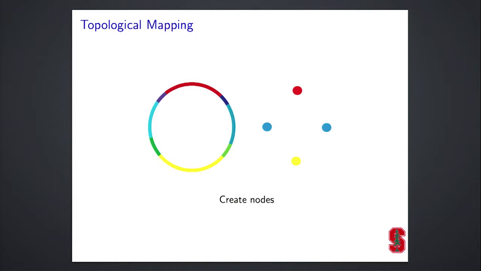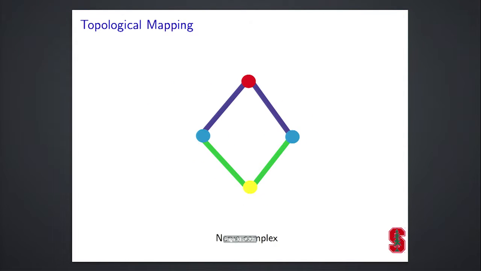Take the connected components of each of these sets and build a node in a network for them. The blue one there has 2 because it's got 2 connected components. And now, because the sets overlap, the red overlaps with the blue and the purple, and so on, we'll draw an edge between any pair of nodes whose corresponding sets contain a common point. So here's a space that we can build. It's called a nerve complex, from a certain covering of that space. Notice that we've recovered the circle itself, except we've lost the curvature. We've lost a little bit of detail.